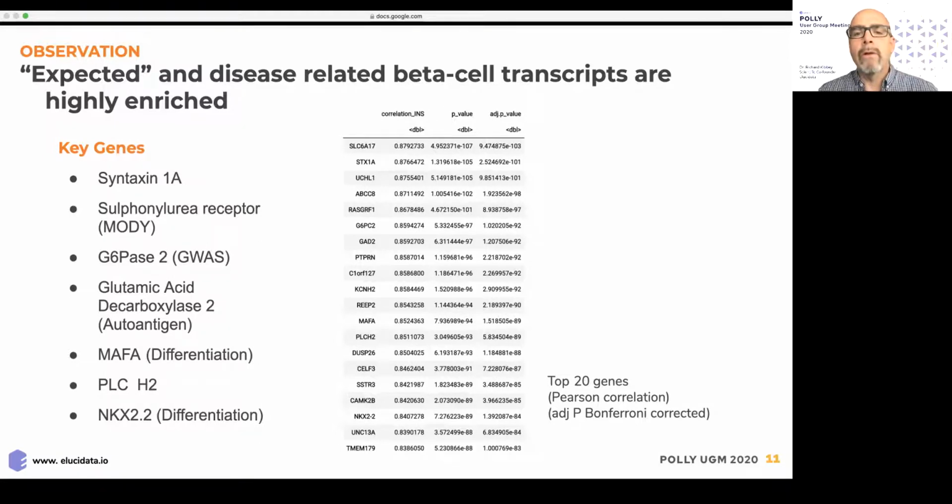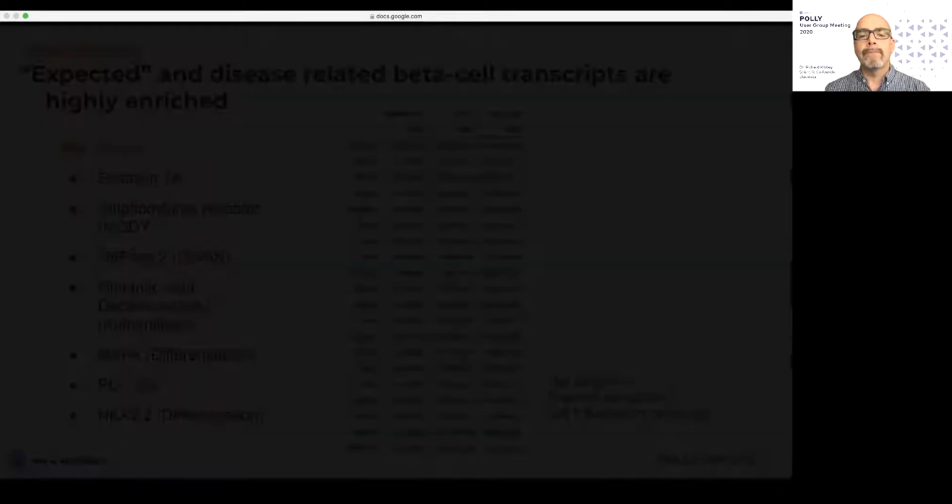So the other rather interesting thing is the significance of these hits. When we look at the adjusted p-values of the correlations, they're enormously high. So there does seem to be power in this technique at being able to pick out genes that are beta cell specific, or at least islet related, despite the fact it's buried in the exocrine pancreas.